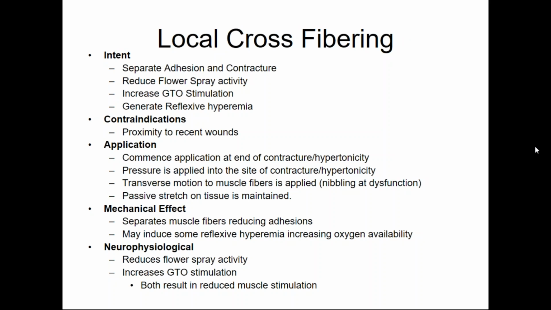You're going to apply a little pressure up into the segment of dysfunction and then slowly kind of nibble away at that adhesion or that dysfunction, kind of like trying to nibble away at a frozen pat of butter.